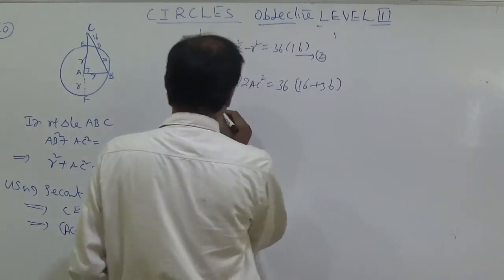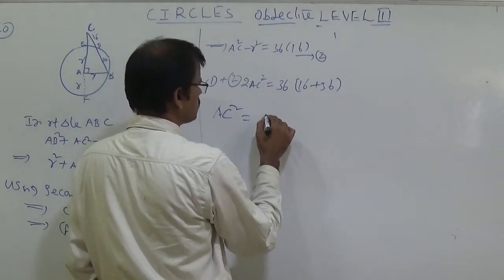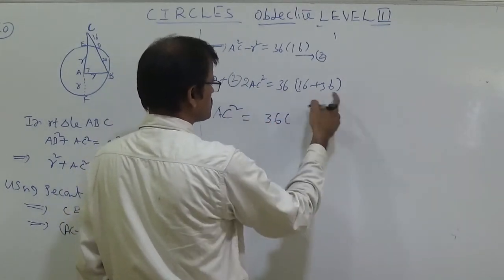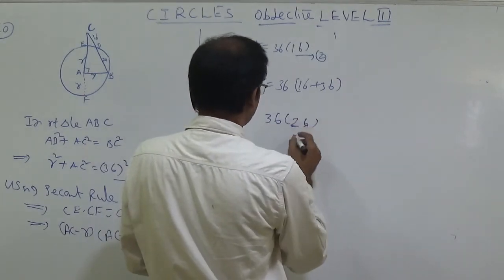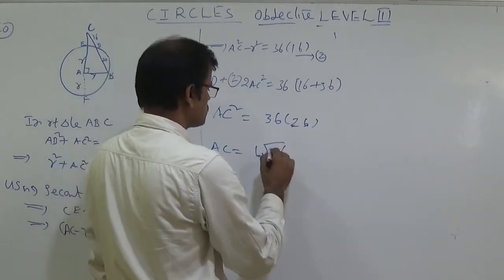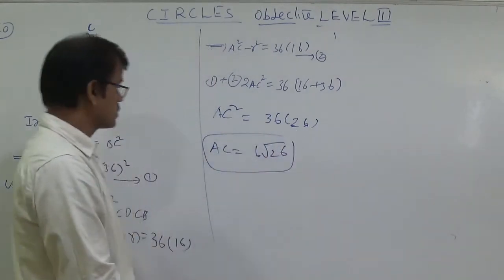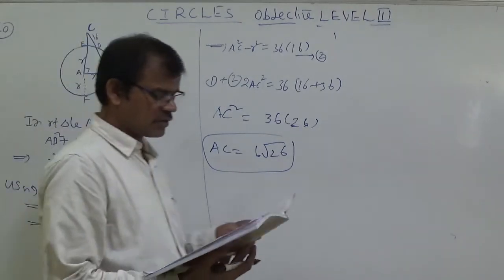So AC square is equal to 36 into 52 by 2, which is 26. So AC is equal to 6 into root of 26. That's all. AC is equal to 6 into root of 26.